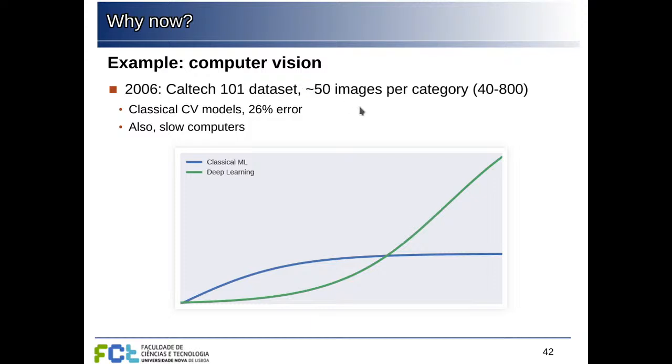This varied from 400 to 800, but on average it was about 50 for each category. And classical computer vision models could get a top 5 error of about 26%. So if we looked at the best guesses for the models, they would get it wrong about 26% of the time.